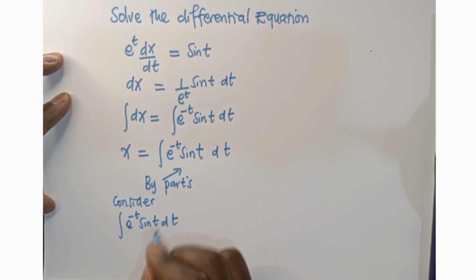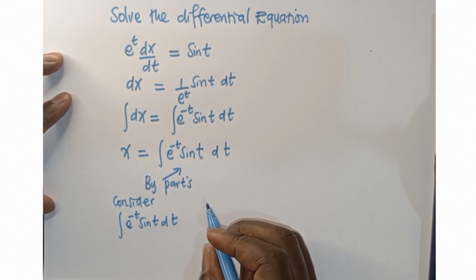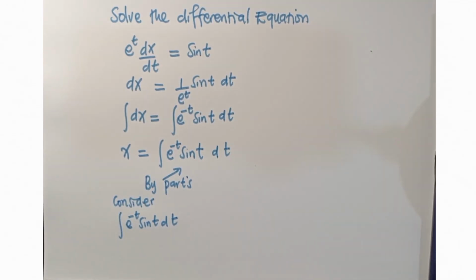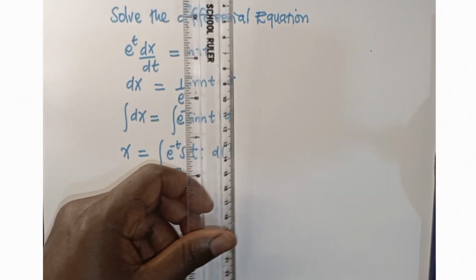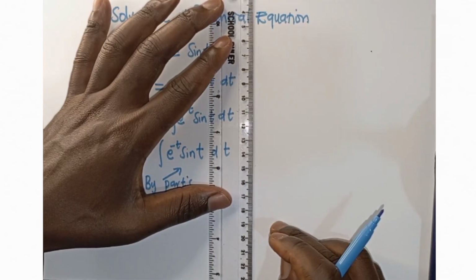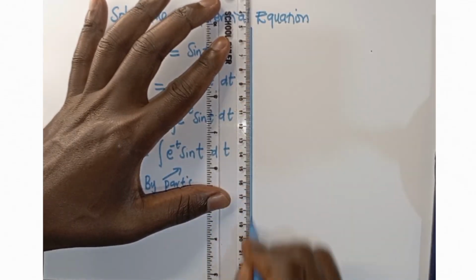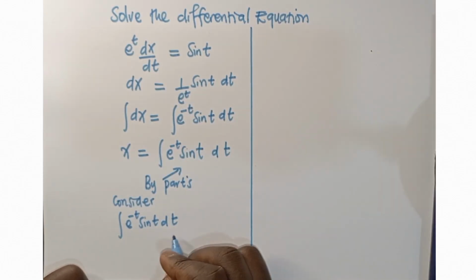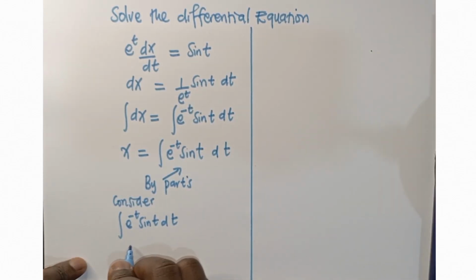So if you look at using ILATE, we are to let u and also to let dv/dt in this case. So let us first underline. To create space on this side, we shall have our u as sin t.